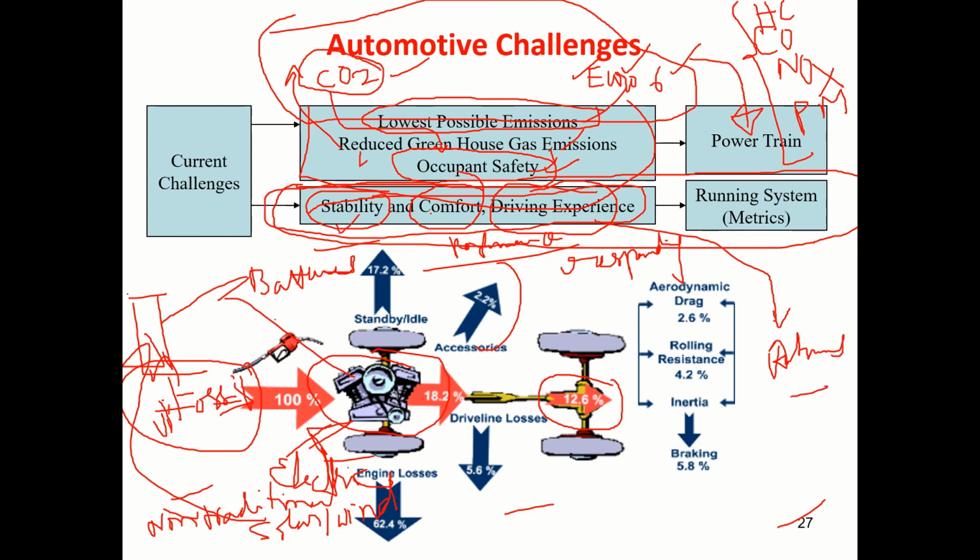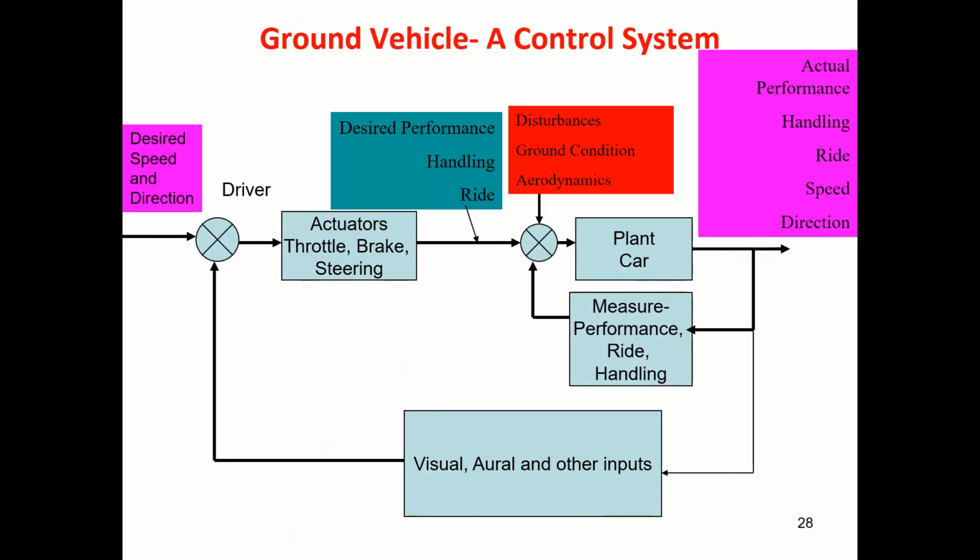Still, stability of the vehicle and comfort of the vehicle, which will increase the safety, is very, very important, right? So that's how vehicle dynamics plays a very important role. Don't be under the impression that tomorrow, if you do not have a petroleum based, fossil fuel based engine, then vehicle dynamics is of no use or irrelevant. No, right?